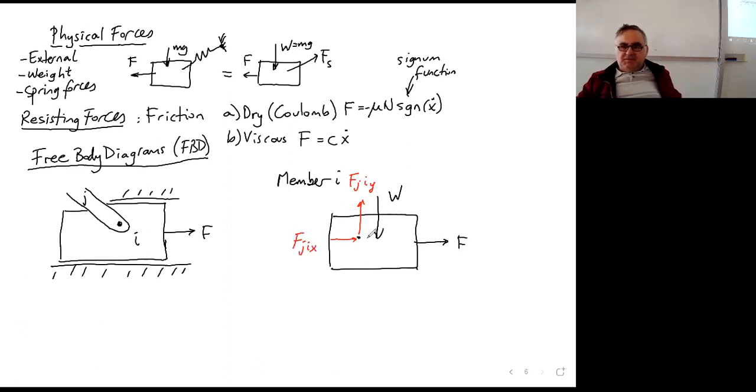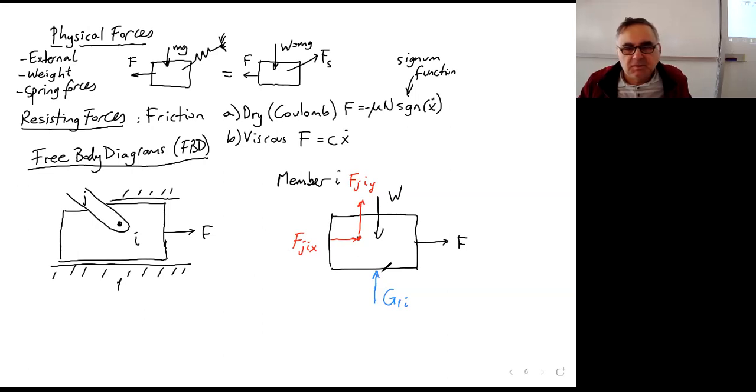In the X direction, you have the following. This is due to the revolute joint. What else? Due to the prismatic joint, you have other forces. Let's put them in some other color. Let's call it G1I. One is the ground, as you see.